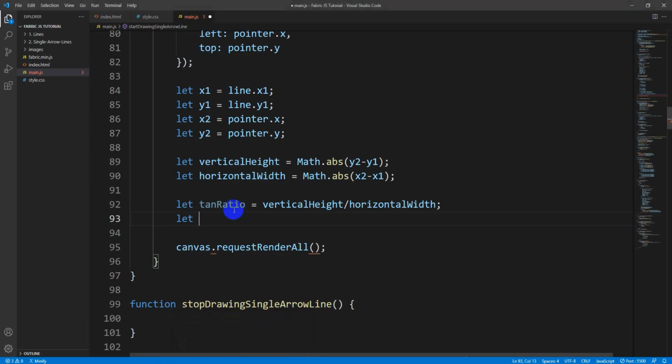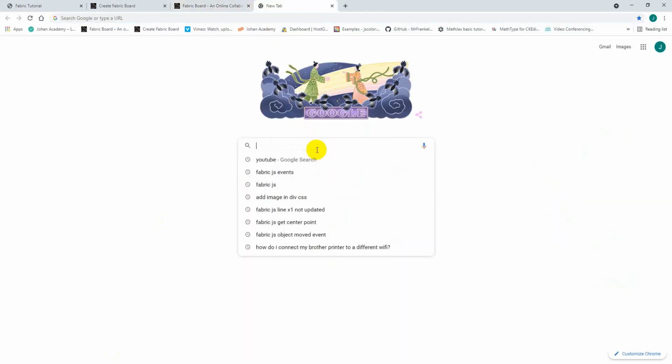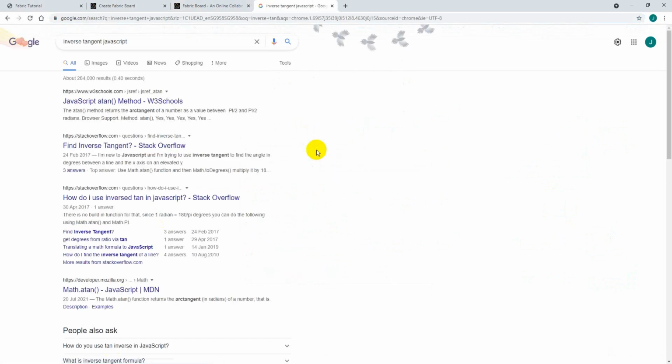I call this the basic angle. Let this basic angle be equal to, so I have to find out how to find the inverse tangent. Let's do some Googling: how do we find inverse tangent in JavaScript?